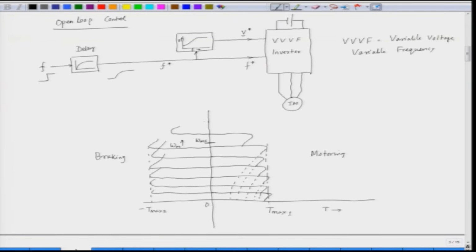As you go for higher and higher speed, the torque will reduce, and this is represented by this characteristic. So, beyond the base speed, we get reduced torque. So, up to the base speed, what we do? We maintain the torque constant, but beyond the base speed, this is our base speed.